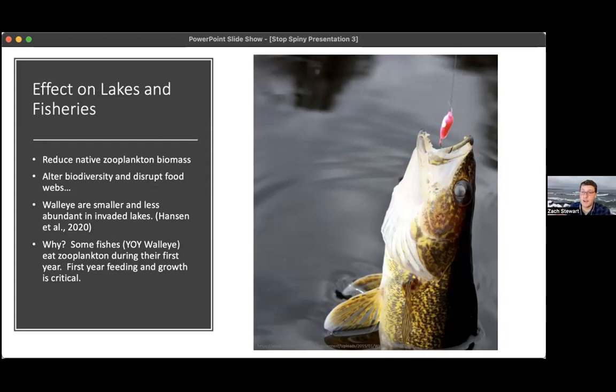And their feeding and their caloric intake during that first year of life is critical to determining their growth throughout their lifespan. So if spiny water fleas deplete and alter this stock of native zooplankton that these walleye are depending on, it has a negative effect on their growth.